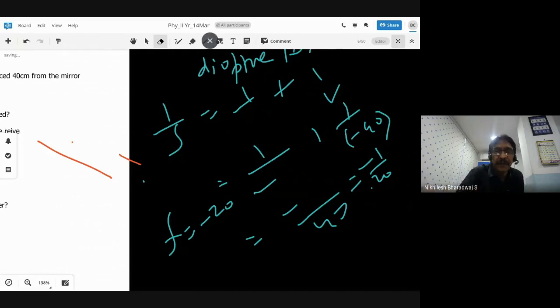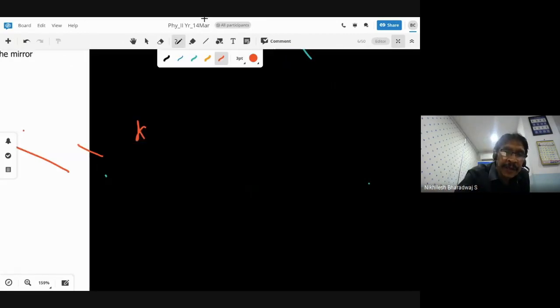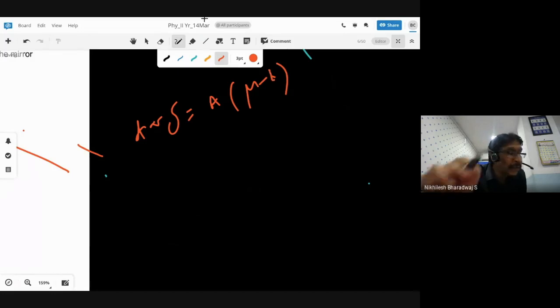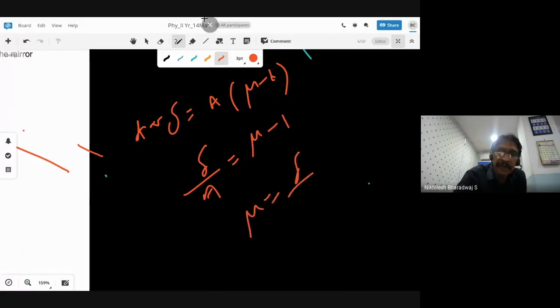D is equal to A into mu minus 1, or in some books they write delta is equal to A into mu minus 1. What is he asking? Refractive index. So you can say that delta by A is equal to mu minus 1. Mu is equal to delta by A plus 1. What is the D here? Deviation.